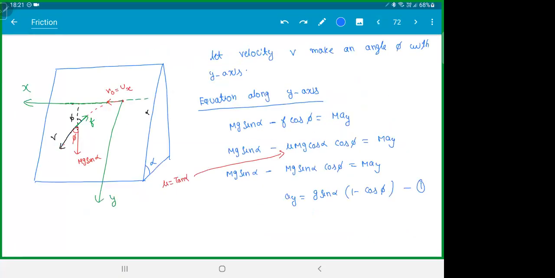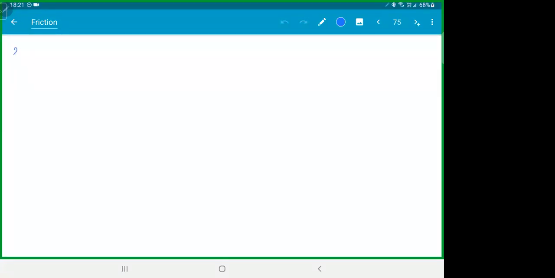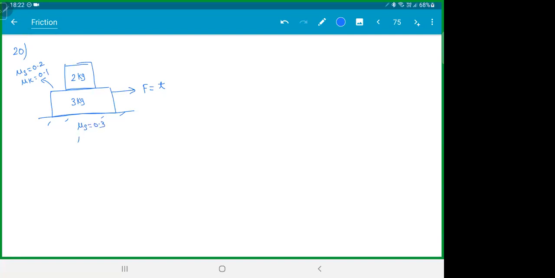Next one. Let's get back to the two block problems. Mu s, mu k are there on both the surfaces. Plot the acceleration versus time graph.